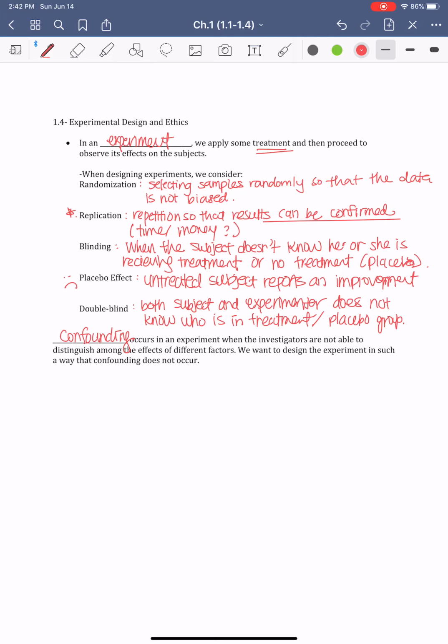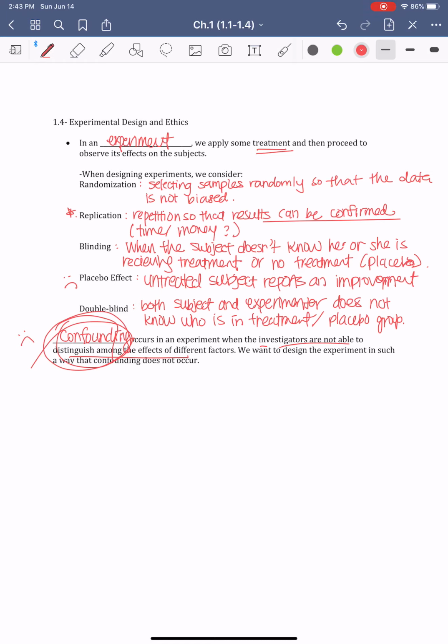So as an experimenter, you want to find out why that untreated subject lost 10 pounds, but you could not figure out where the subject lost 10 pounds. That's called confounding. So this occurs when the investigators are not able to distinguish among the effects of different factors. So again, you don't want confounding to happen during an experiment.